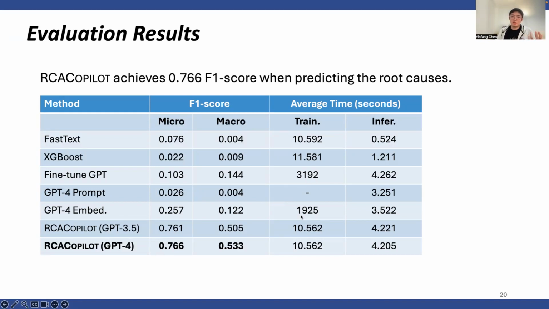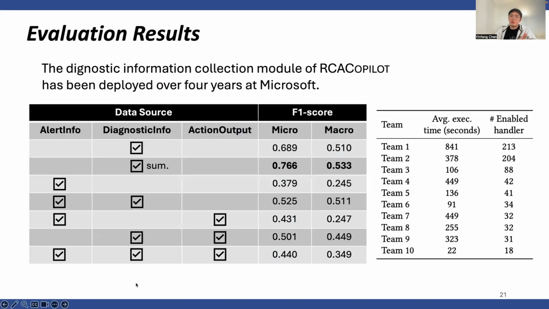And for the prompting, we never give the similar incident examples. We just feed the original diagnostic info here. We have also tried feeding other types of information to see whether a prompt can lead to better results.